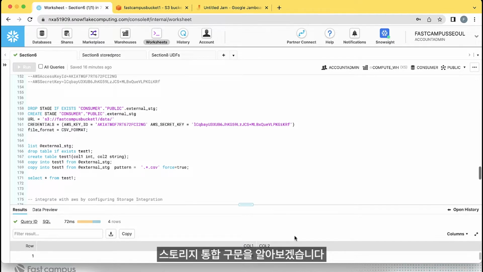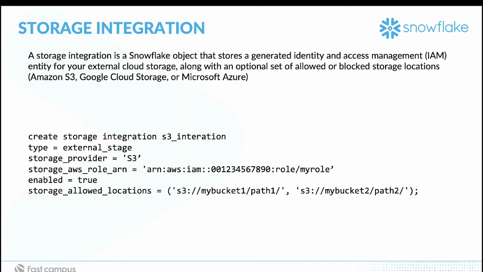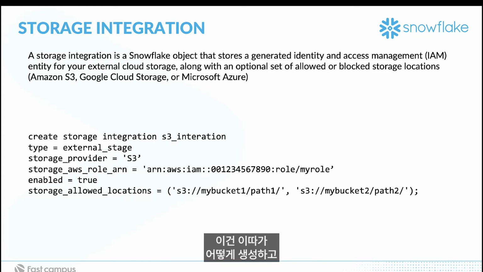So what is the syntax of the storage integration? Create storage integration and then the name, type equal to external_stage, storage provider equal to S3, and we will specify the storage AWS role ARN, which we will shortly see how to create and how to extract, and enabled equal to true, and then the allowed storage locations, because this is kind of a whitelisting of which folders you want to access.